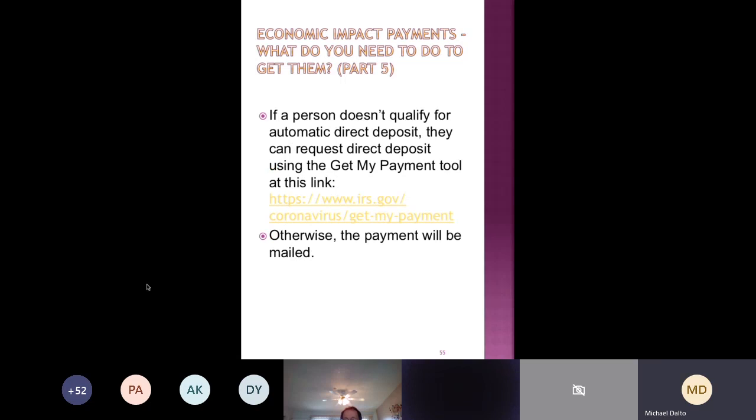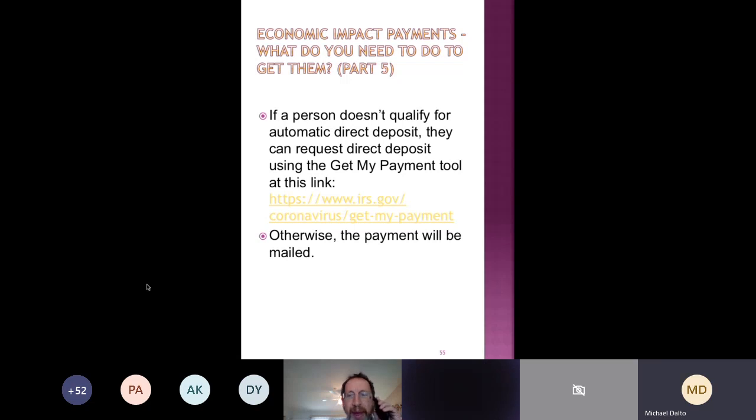So if a person doesn't qualify to have their payments automatically direct deposited, they can request direct deposit using another link that the IRS provides to its website called the Get My Payment tool. That's linked here on slide 55. Otherwise, the person will get the payment in the mail.